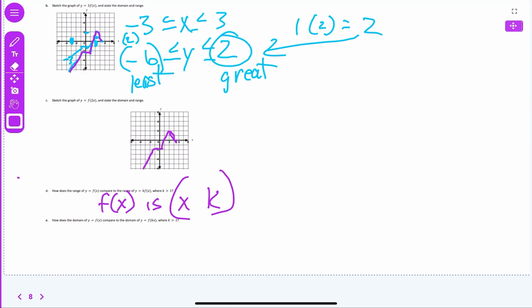So since k is greater than 1, don't worry about that one. You don't need to know that one either. Because really what you're doing is dividing by k when you do that. So don't even worry about that one. Okay.